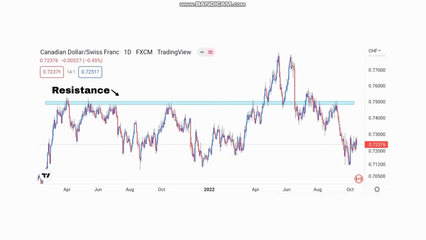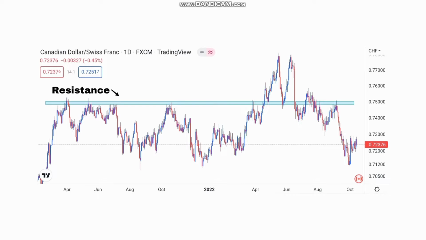This one over here is still on the CAD Swiss franc. This is the resistance level, like I've said, the opposite of the support level. This is how you should draw it. Once you see your first touch, second touch, third touch, then you already know this is a valid resistance level. Then when you see this touch, we know that the market is going to push to the lower side. But bear in mind, the market can break out of the resistance level, turning it into a support level.